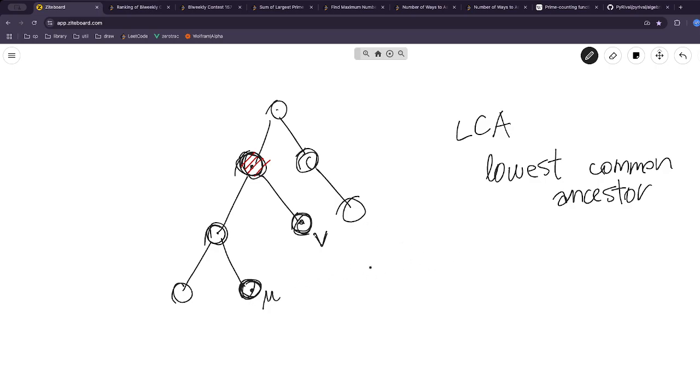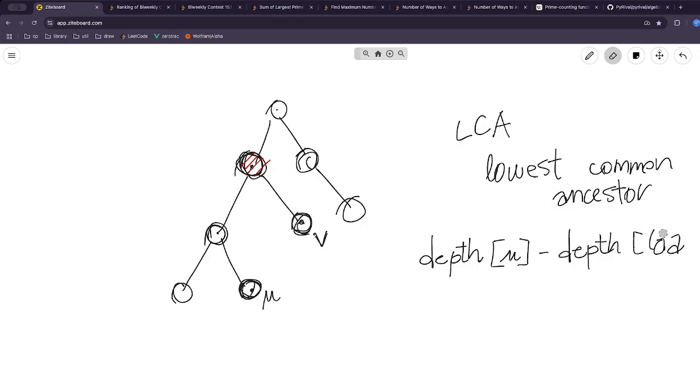And that would be, so if we know the depth, which is the distance from the root to every node, if we have the depth of U minus the depth of the LCA, that is going to give us this distance, and then the depth of B minus the depth of the LCA.